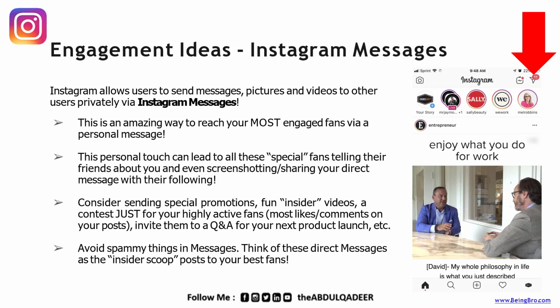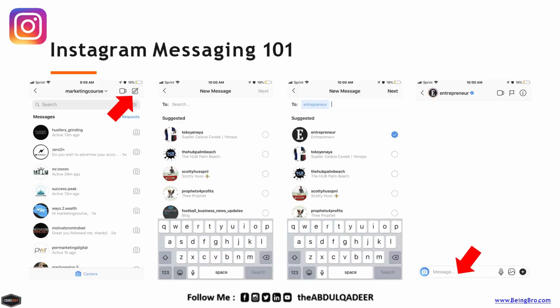So consider sending special promotions, fun insider videos, or a contest just for your highly active fans, with the most likes and comments on your posts. Invite them to a Q&A session for your next product launch, and avoid spammy things in messages. Think of these direct messages as the insider scoop for your best fans.